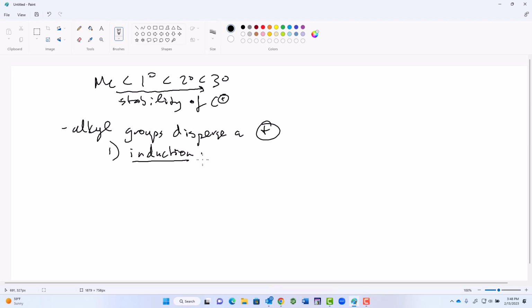So in an induction, this means that a sigma bond can polarize, meaning that if we're looking at a sigma bond that looks something like this, so again, sigma bonds look like this, evenly distributed. If it's a nonpolar bond, it's evenly distributed.